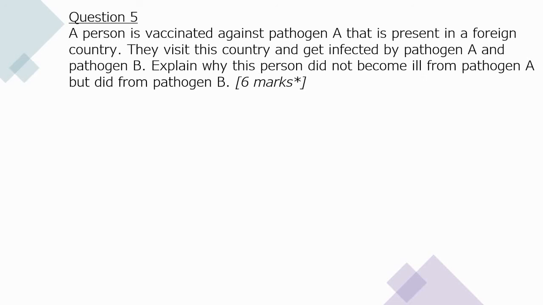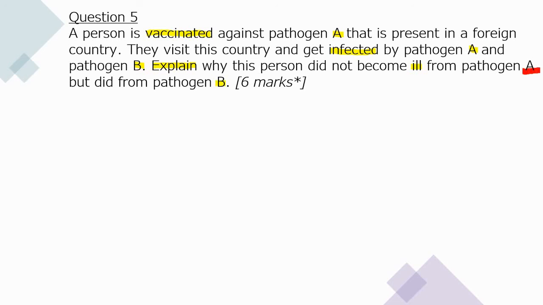A person is vaccinated against pathogen A. See here that it doesn't say they're vaccinated against pathogen B. Then they are infected by pathogen A and pathogen B. So then we've got to explain why they become ill from pathogen B, but they don't become ill from pathogen A. So let's put a green under here and a red under there.